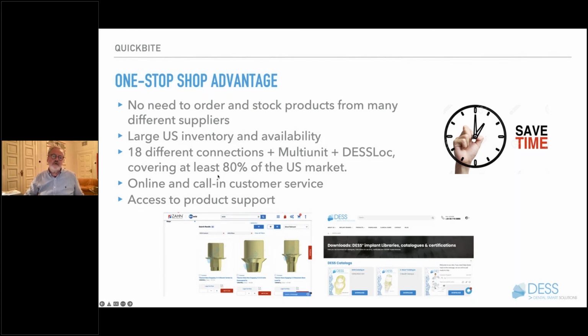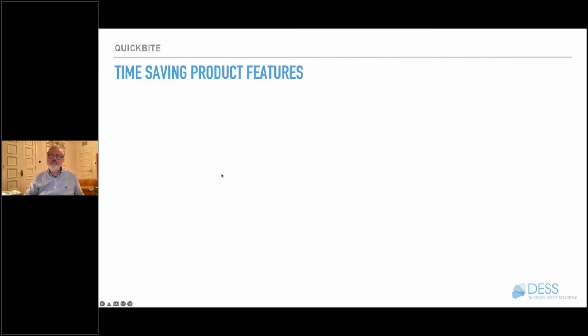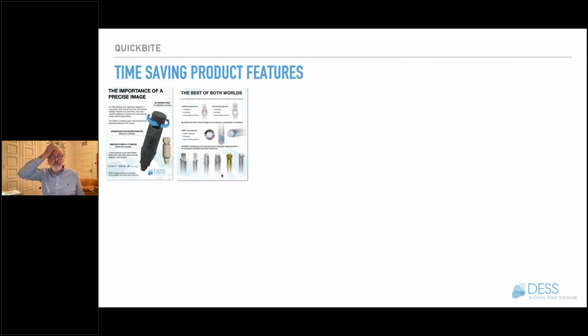So time savings is a cost saving factor, but then we have time saving product features, and I very quickly will go through them here for you. You can read much more about these in your catalog.